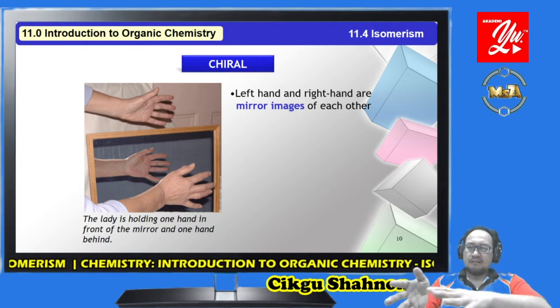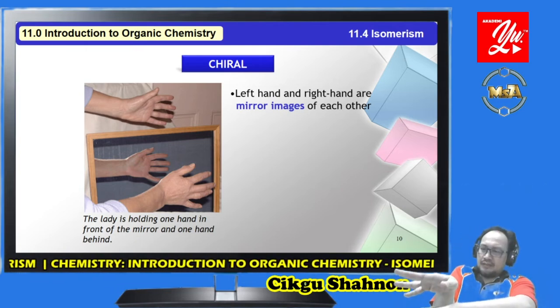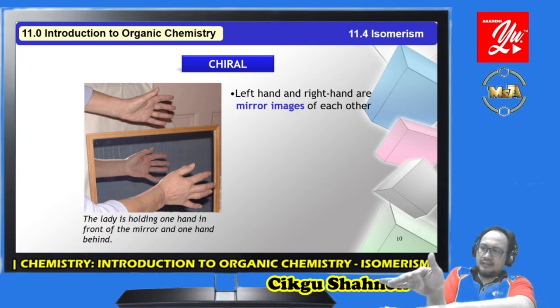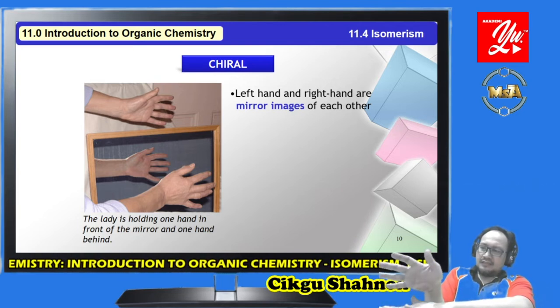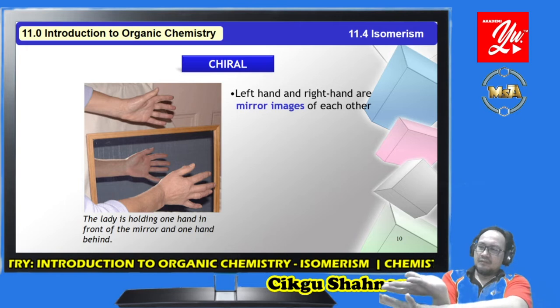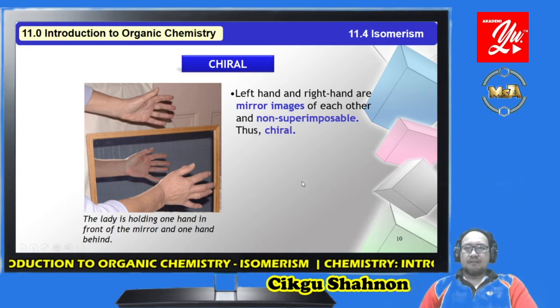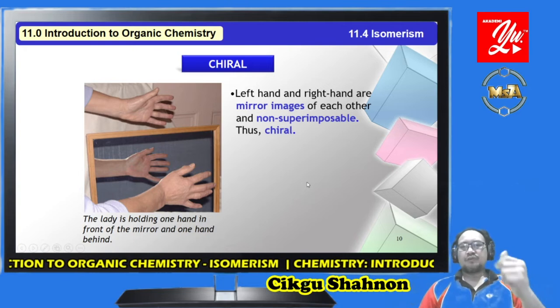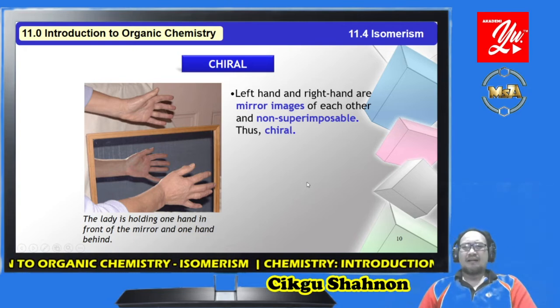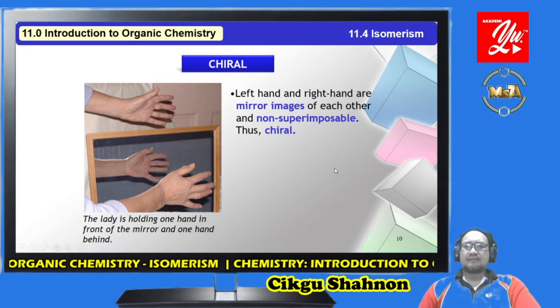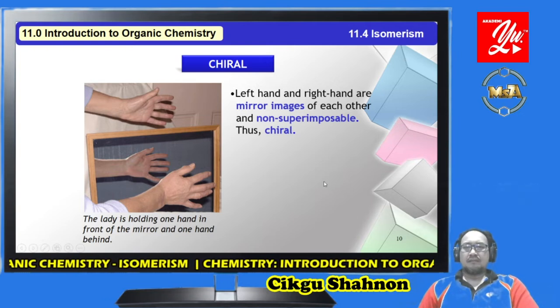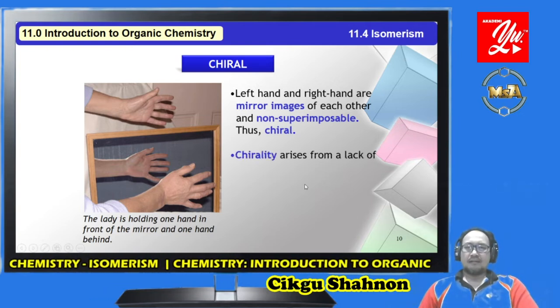Superimpose means, I try to superimpose like this. This is my thumb, this is my thumb. Cannot superimpose. Non-superimposable. So we call it right hand and left hand chiral. We call it chiral.